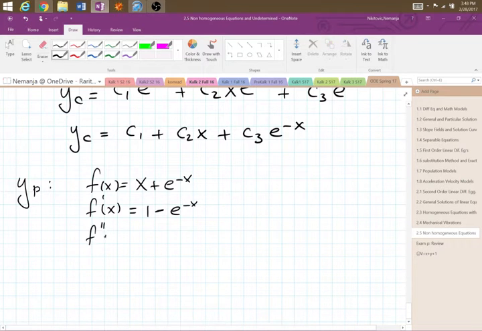Then f double prime of x is going to be 0, minus and minus give me plus, so it's just going to be e to the negative x. The third derivative is going to be negative e to the negative x. And then from that point on, it's going to oscillate. So now, when you put all of these together, what do you get?